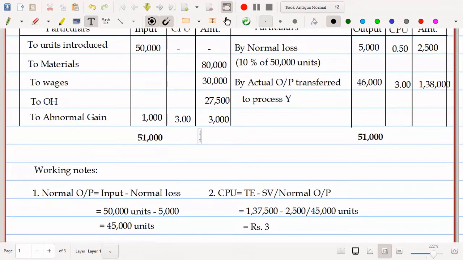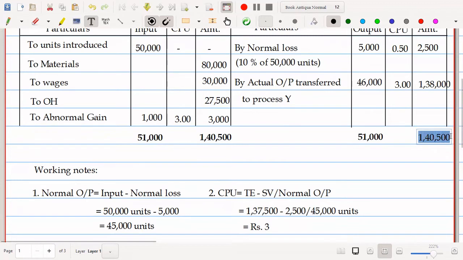So let's see the total. 1,37,500 plus 3,000 comes to 1,40,500. 1,40,500 will be the total on both sides.